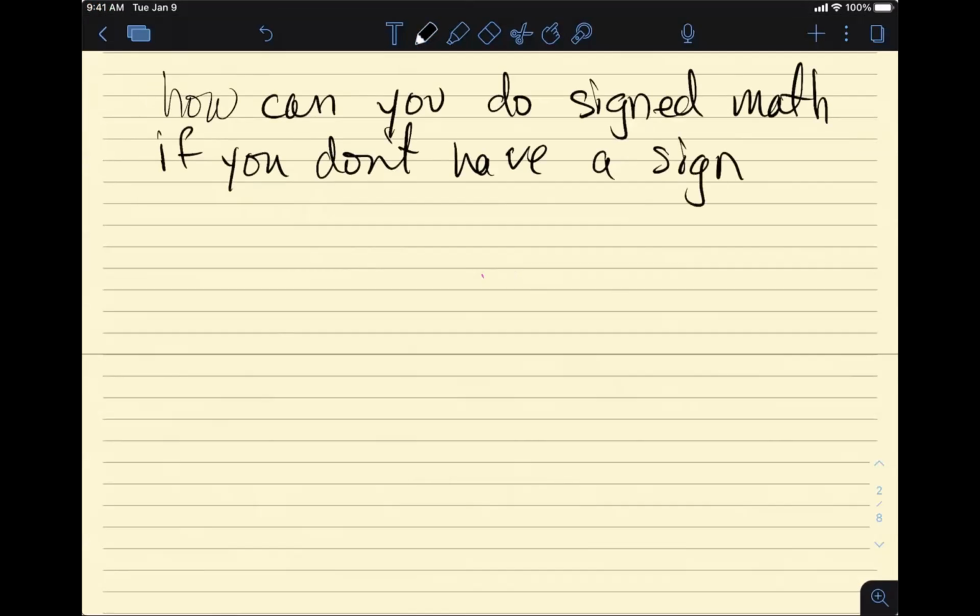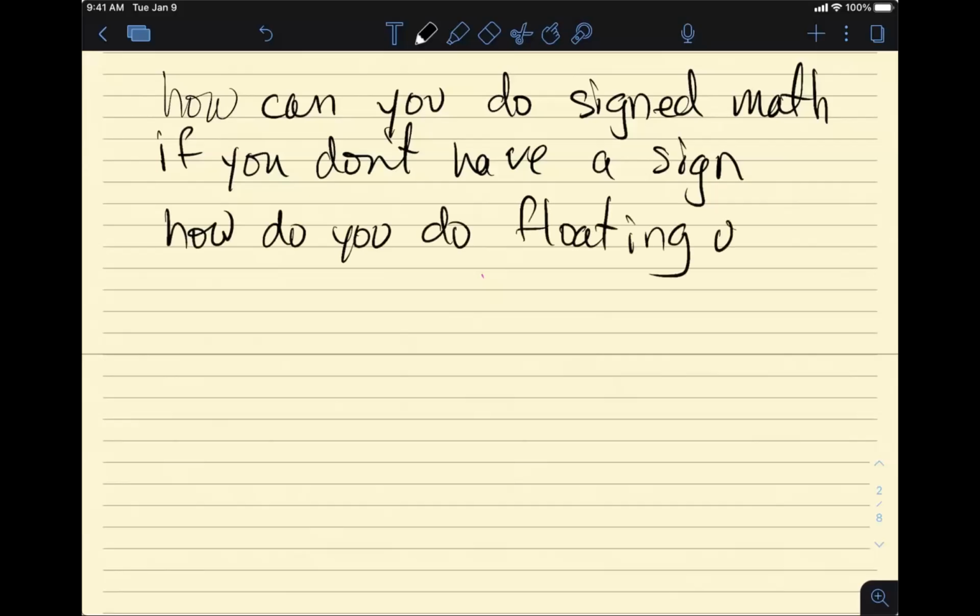And there's a larger question, which I'm only going to brush against: how do you do floating point using only integers?